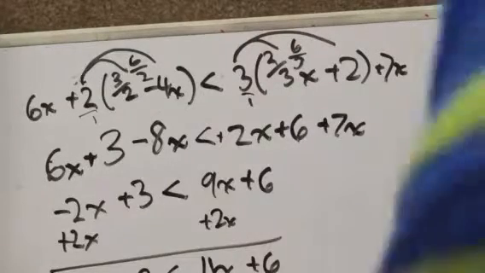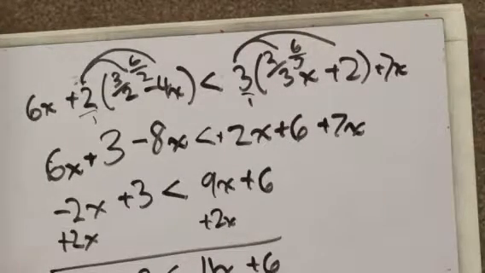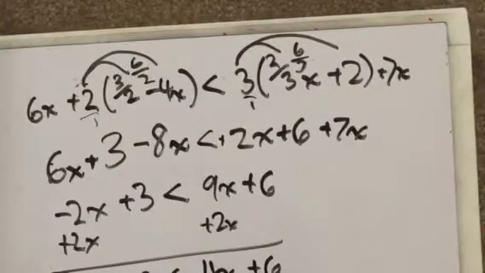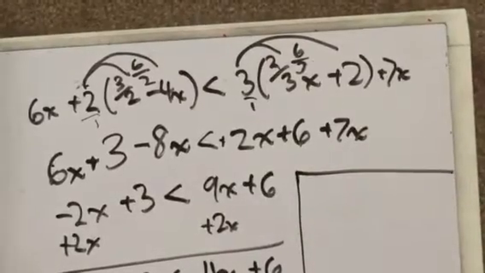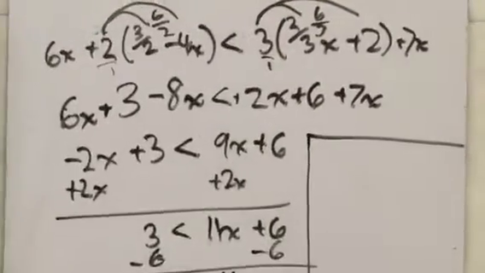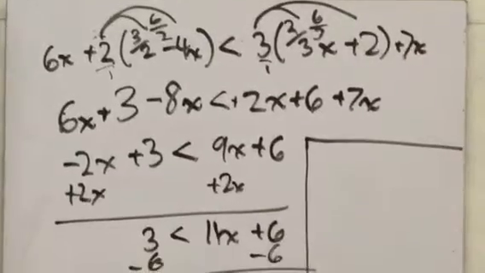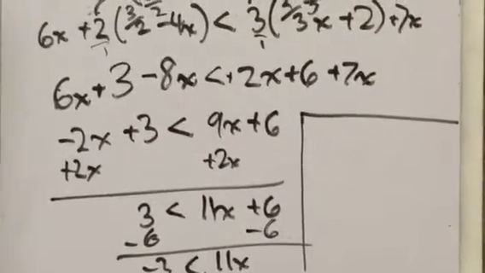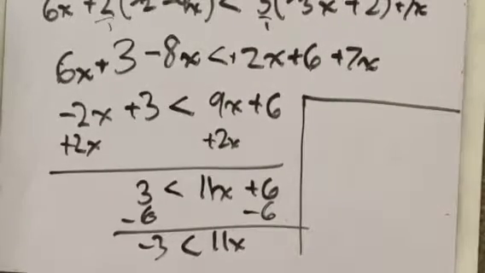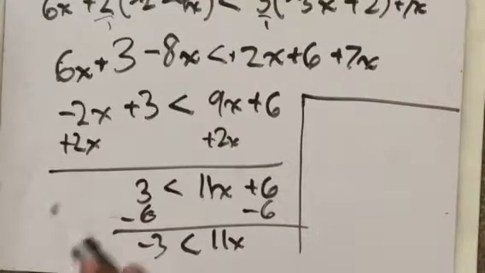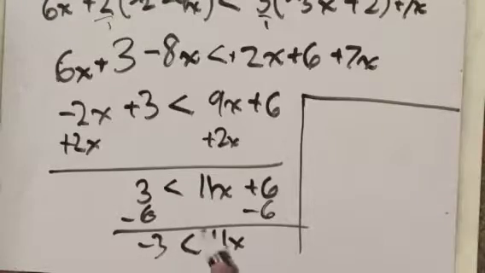So from here, we can bring it over here to get a more clear picture. I'll move this up a little so you can see. So once again, 3 minus 6, and then negative 3 is less than 11x, okay?